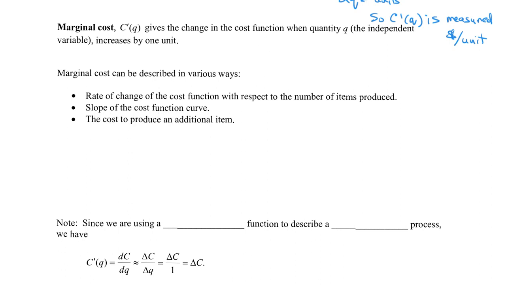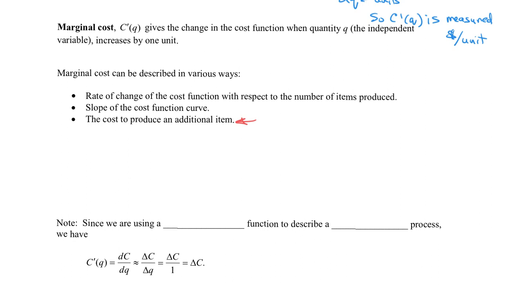So sometimes if you take an econ class that doesn't have calculus, you'll look at the cost function curve and you'll find the slope of a tangent. So we would, in calculus, of course, just take the derivative, but it is also the slope of the cost function curve. And for us, most importantly, this will be the description that's most useful for us.